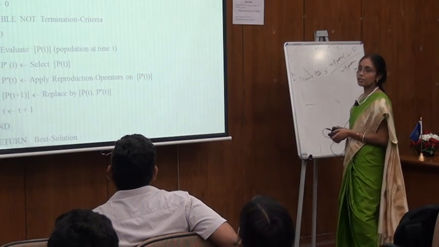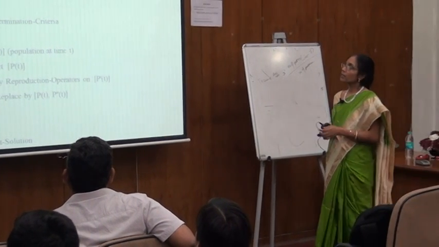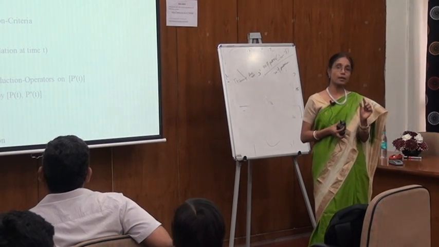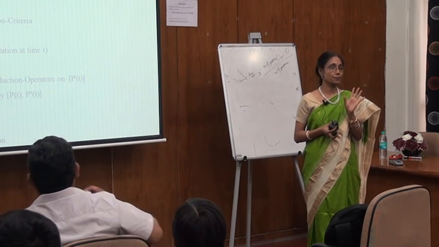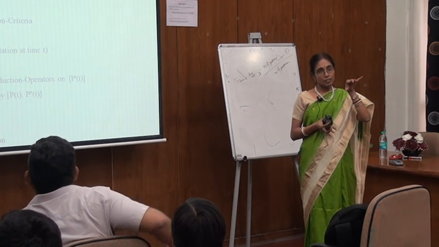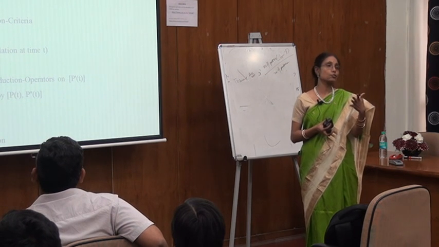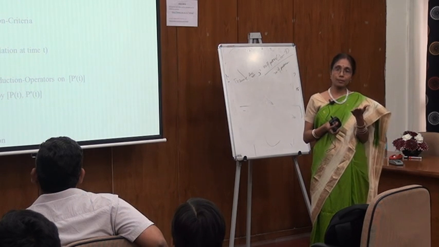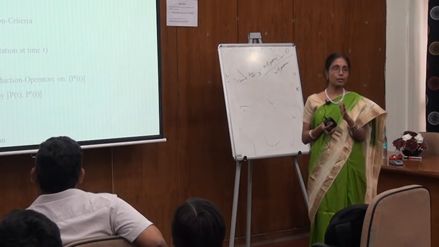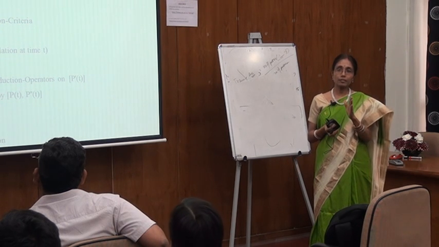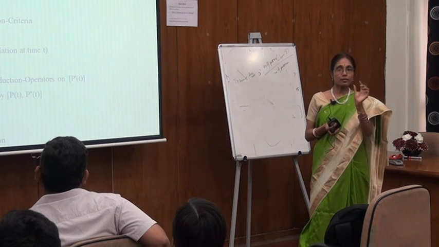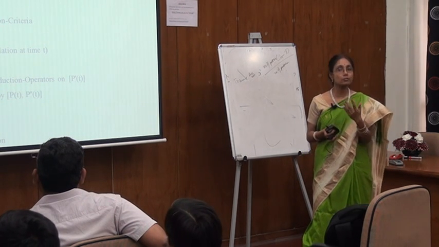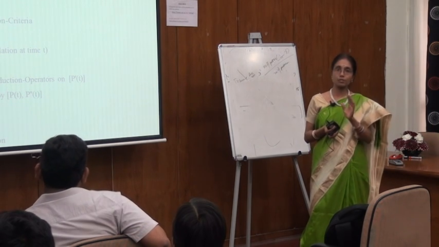So this is the skeleton of an evolutionary algorithm. We start with an initial population. A population is nothing but a set of solutions. Say, for example, if I am in a position to solve a problem, f(x) equal to x square, where x lies between 0 to 31 and x can take an integer value, then there will be 32 different answers, 0 to 31.